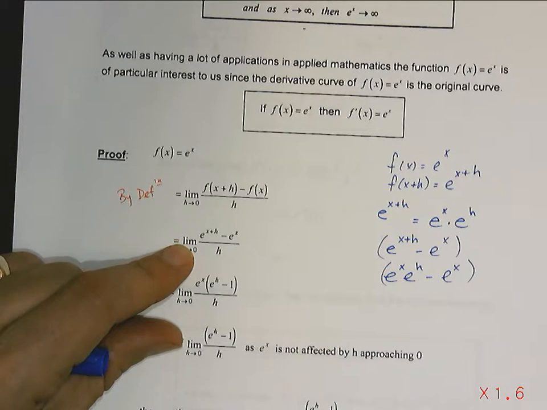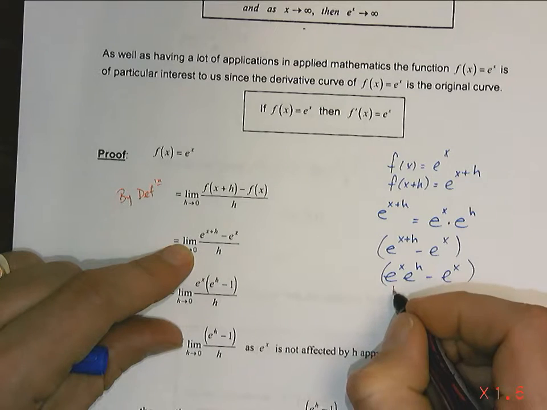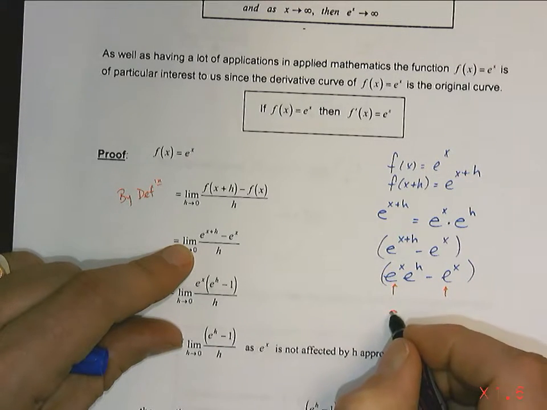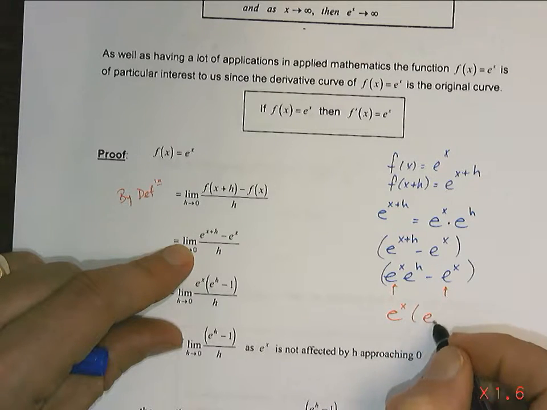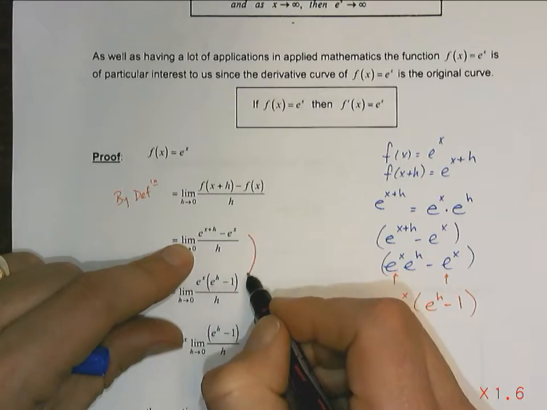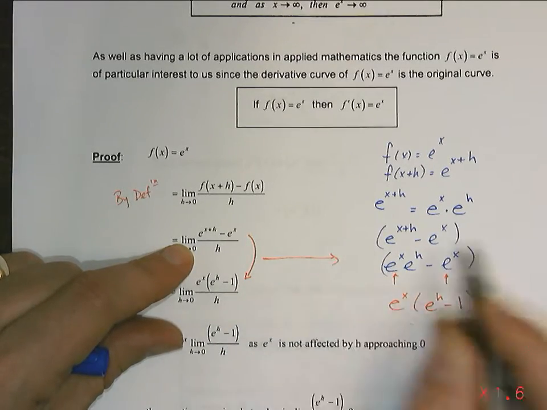And using common factoring, taking out an e to the x in both of them, it's going to leave me with e to the x bracket e to the h minus 1. And that's what's happened in between these two steps.